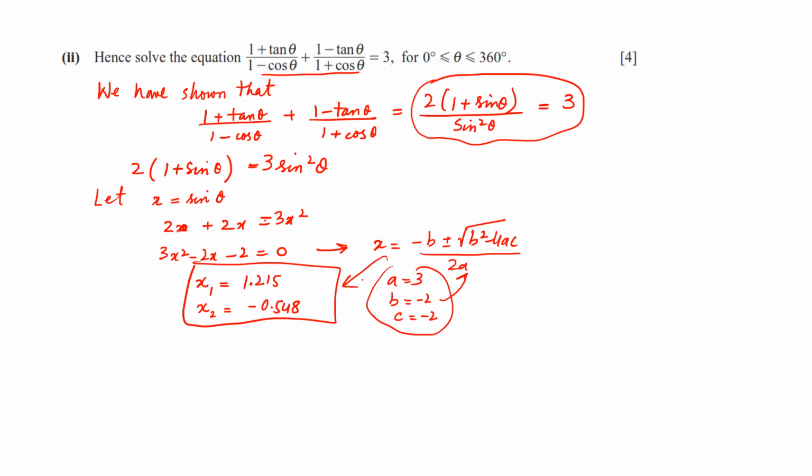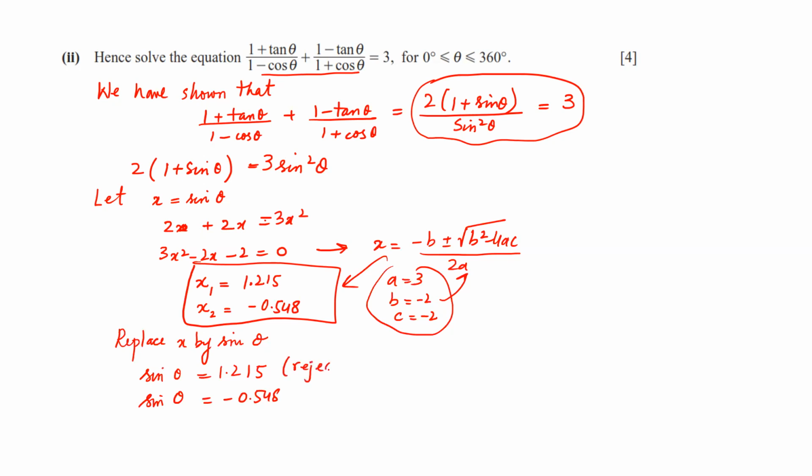So now I have two values of x. Replacing x by sine of theta, we get sine of theta is equal to 1.215 and sine of theta also equal to minus 0.548.